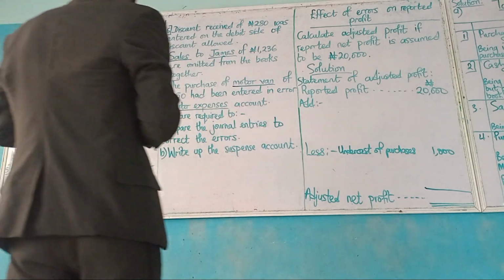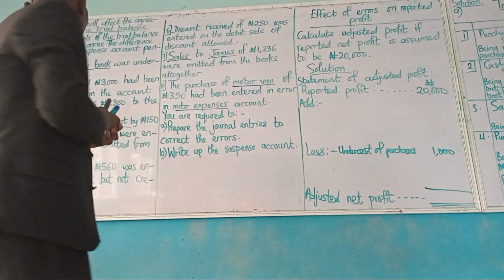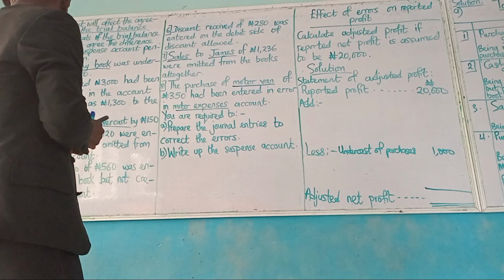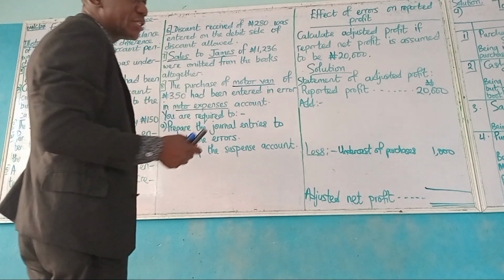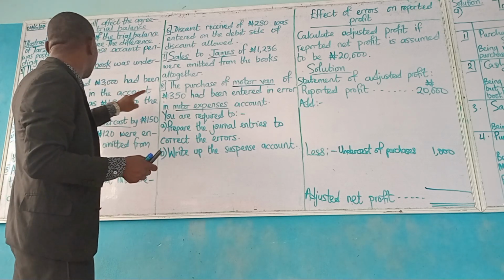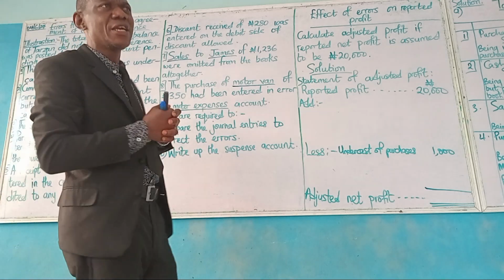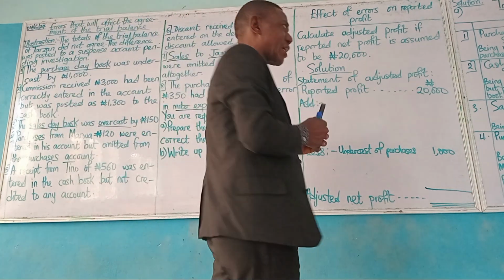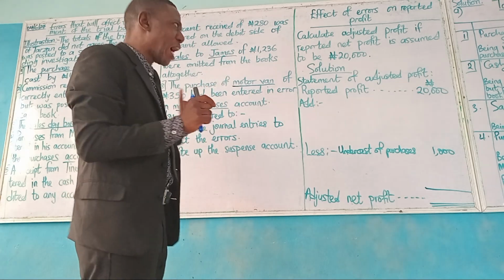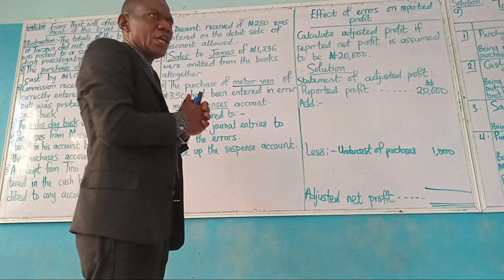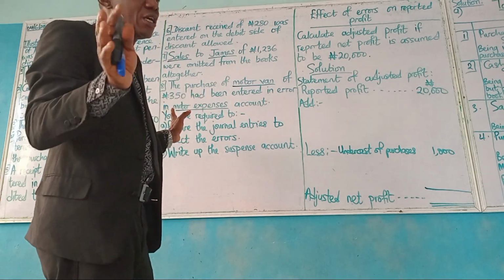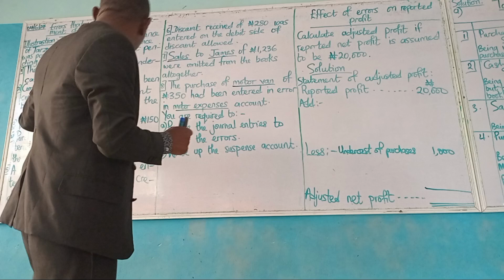Commission received 3,000 had been already entered in the account but was posted as 1,300 to the cash book. There was no mistake in the commission received account. This 3,000 naira was already recorded in the commission received account, and it was recorded into the profit or loss account, which means there was no error.